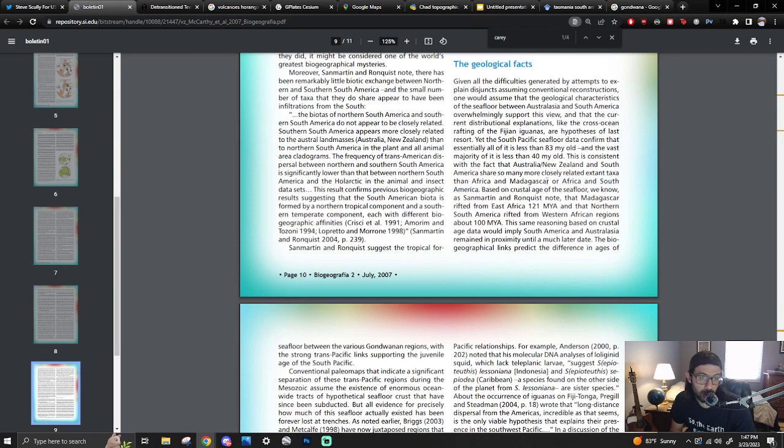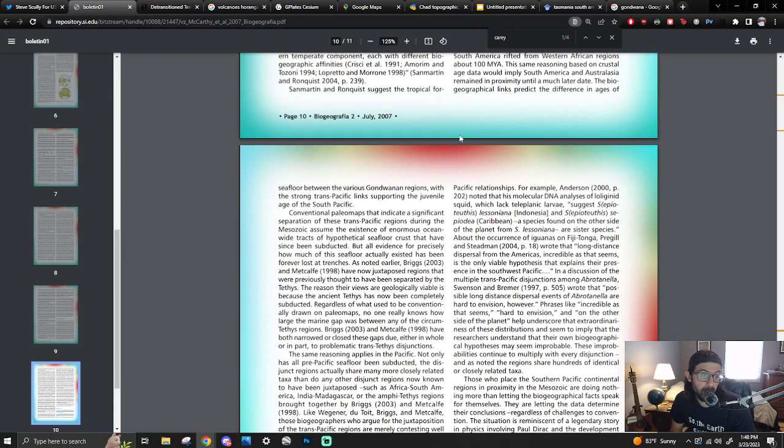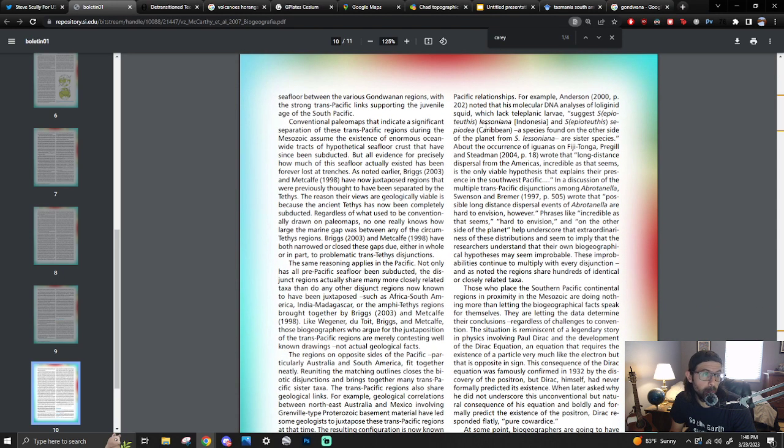Wow. Based on crustal age of the seafloor, we know that Madagascar rifted 121, northern South America rifted about 100 million. This same reasoning based on crustal age data would imply South America and Australasia remained in proximity until a much later date. The biogeographical links predict the differences in ages of seafloor between the various Gondwanan regions, with the strong trans-Pacific links supporting the juvenile age of the South Pacific.